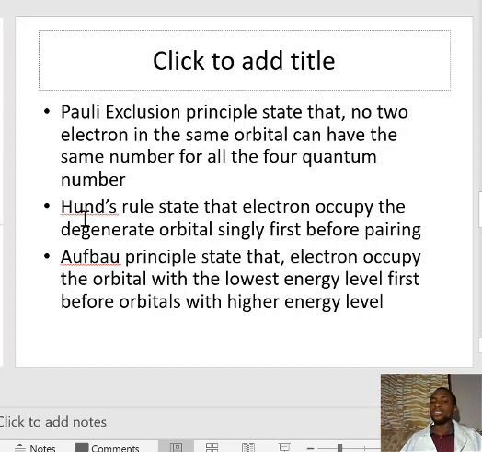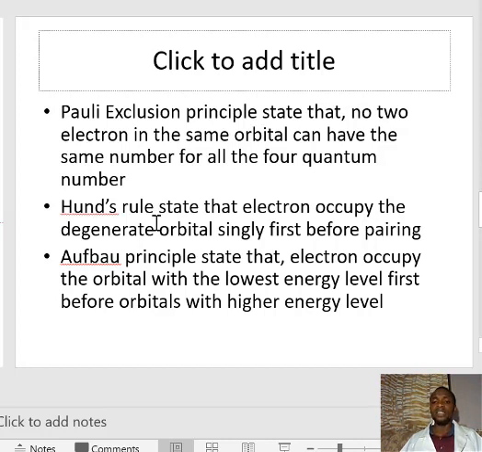Another rule that governs the distribution of these electrons is Hund's rule. Hund's rule states that electrons occupy degenerate orbitals singly first before pairing. When you hear the word degenerate orbitals, you might ask, what does it mean? Degenerate orbitals means orbitals with the same energy level. You might come across such questions in JAMB.